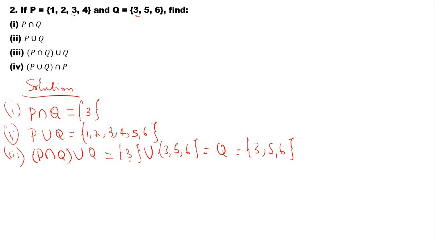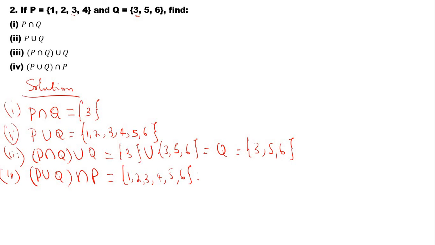Because this 3 is here, just write it once and then the others. Next we have P union Q intersection P. So P union Q, we have 1, 2, 3, 4, 5, and 6.